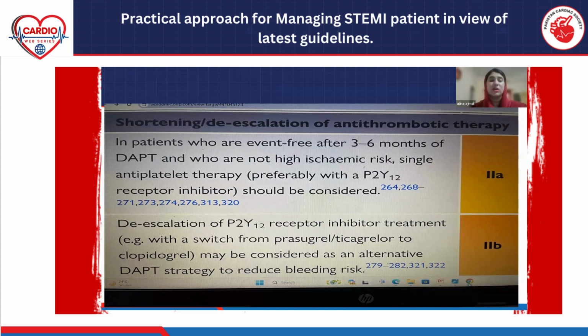The answer is yes, you can consider it if she is not at high ischemic risk. And de-escalation of the P2Y12 inhibitor, that is switching from prasugrel or ticagrelor to clopidogrel, can be considered. Yes, this is 2B. So there are strategies you can apply to those patients and have good results.